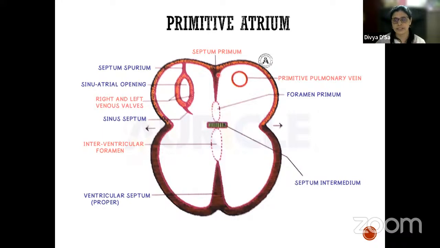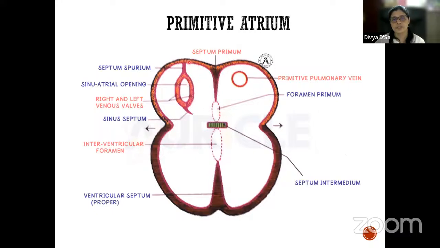This is known as the septum primum. This septum primum grows towards the AV cushion, the septum intermedium. The space between the septum primum and the AV cushion we call the foramen primum.